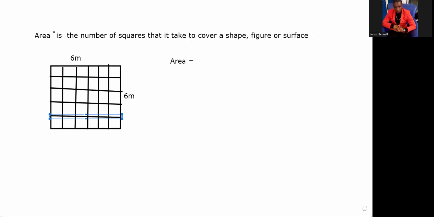So when you count all of them, we should get 36. Or, as you said, if you want to confirm it, you can do the multiplication. As I told the morning class, you don't necessarily have to do this every single time. This is just for you to understand what's happening. This is the number of squares. You understand?